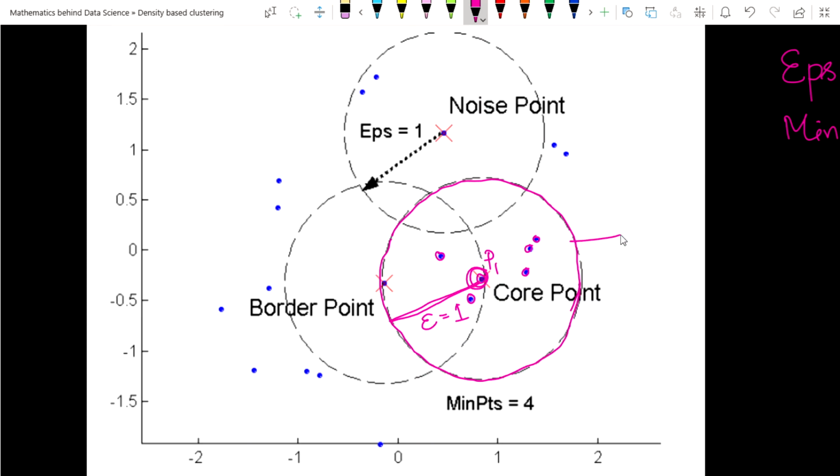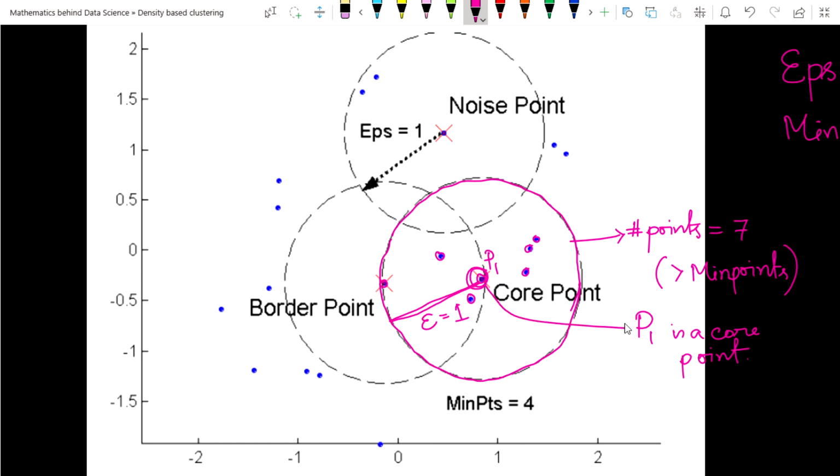The number of points in this region is 1, 2, 3, 4, 5, 6, and once more here, 7, which is greater than the min points. So as per our definition, P1 is called a core point because of this region.